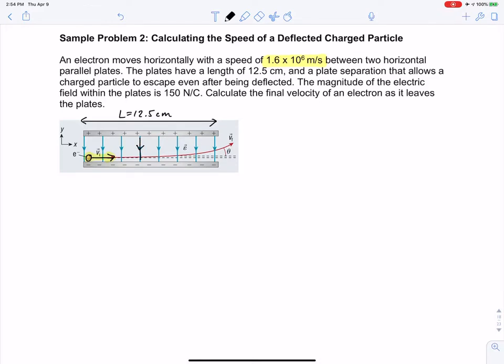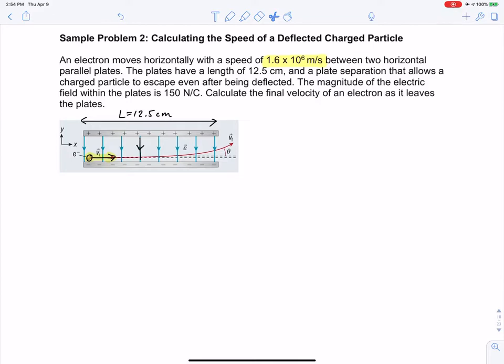A positive charge would move from the positive plate to the negative plate. Well, for an electron, this would be the opposite. So as this electron is traveling from left to right, it will be attracted to the positively charged plate. So it's going to cause this electron to have a vertical component to its velocity, which will deflect it up.